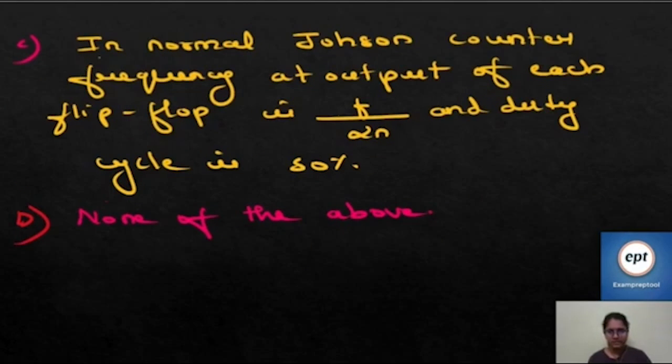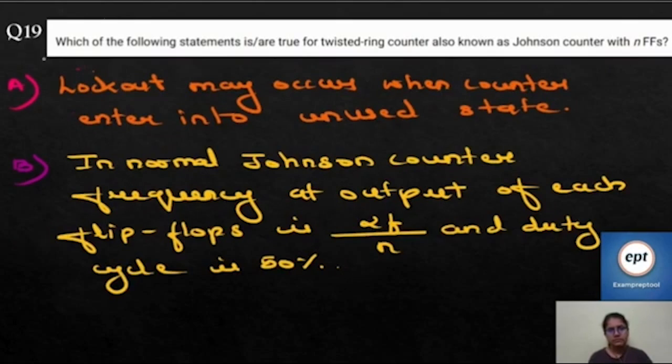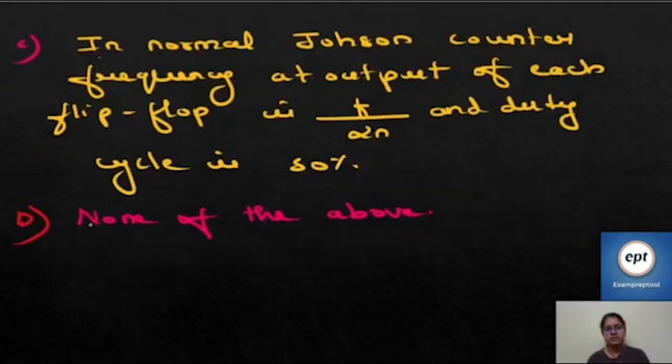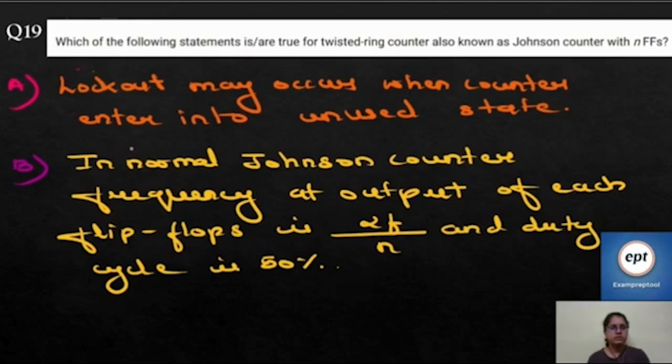Which of the following are true for a twisted ring counter, also known as Johnson counter, with N flip-flops? This is actually a theoretical question. If you see the options, the correct options are option A and option C. Option A says that lockout may occur when the counter enters into an unused state.